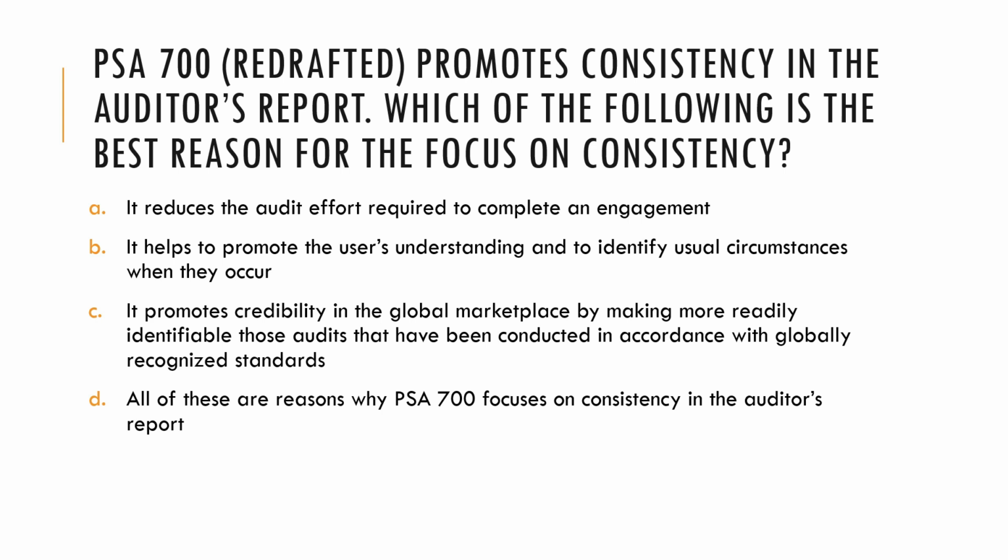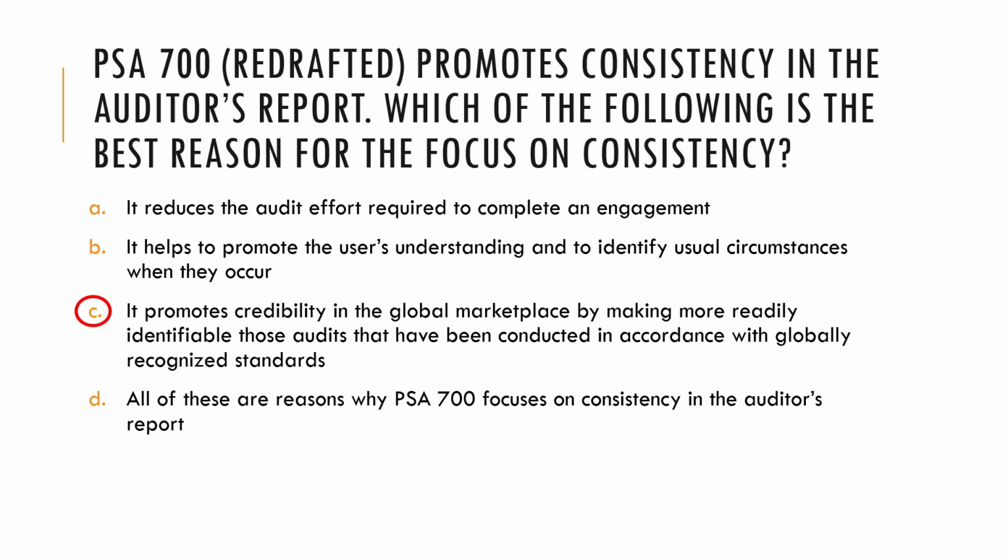Or is it letter D, all of these are reasons why PSA 700 focuses on consistency? Well, we might naturally be attracted to the choice that says all of these reasons, but the answer to this is letter C. Because while we are promoting consistency, this uniformity in wording in our audit report does not actually have an effect on our audit effort, because our audit effort is mainly dictated by our acceptable audit risk and our risk assessment.